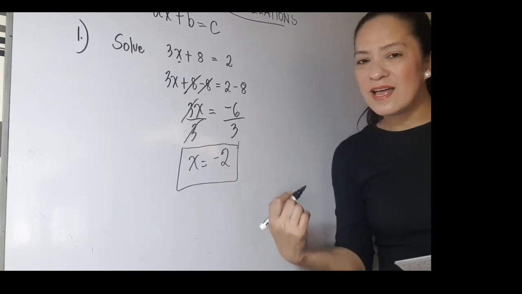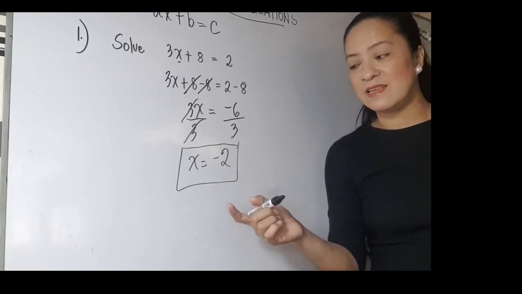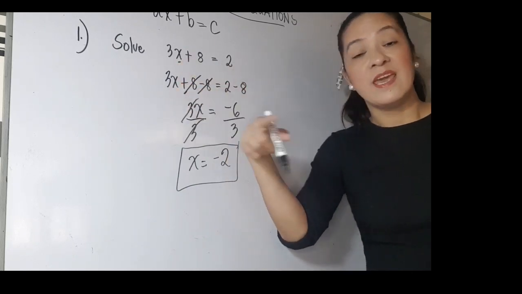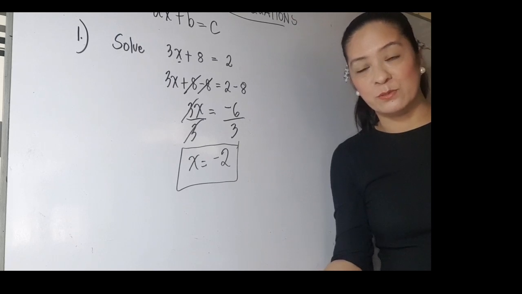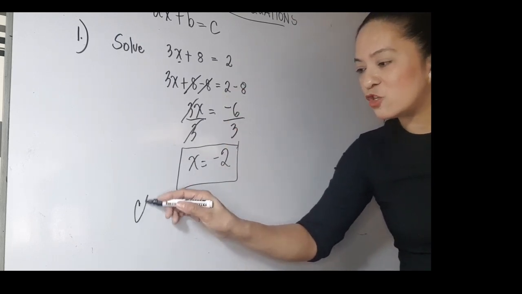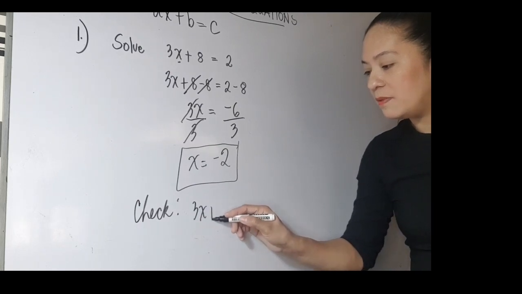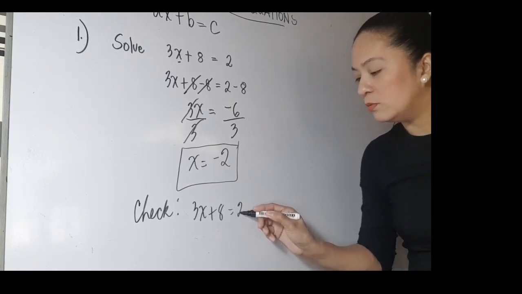Okay, so sabi ko nga kanina, a solution or root is any number which will be substituted to the variable and it will make the equation true. Okay, let us check if it is correct. So 3x plus 8 equals 2.